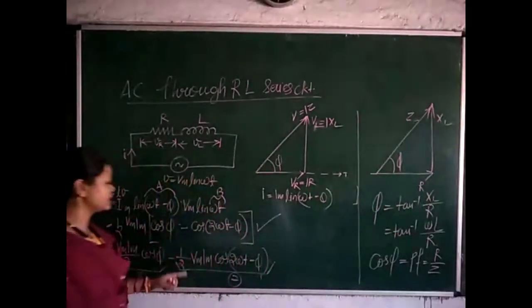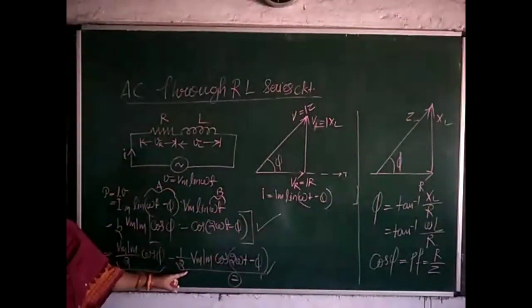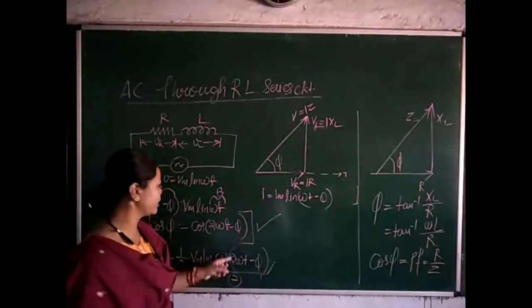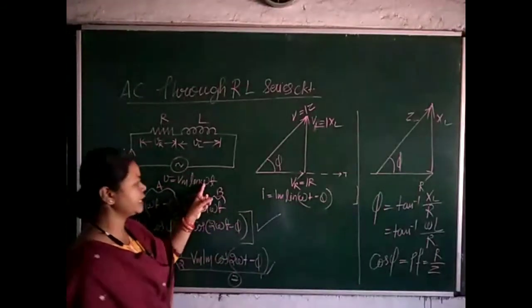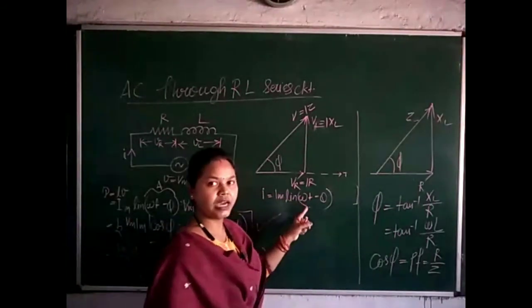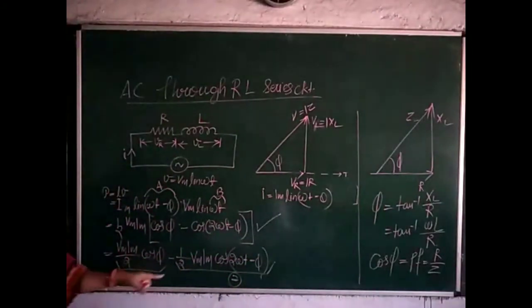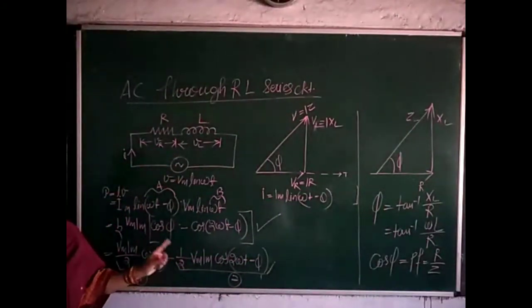So it is the pulsating part 1. Part 2 is the fluctuating part of instantaneous power, and its frequency is double the frequency of the voltage and current waveform. And if you find the average value of the second part, it becomes 0.